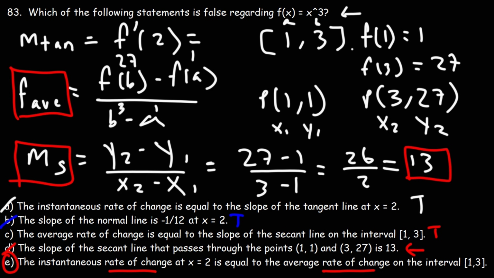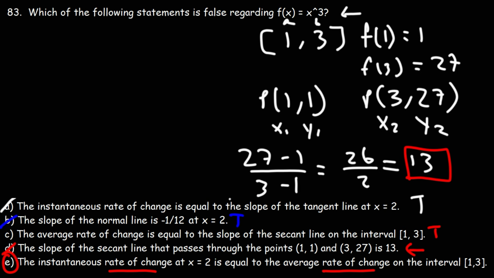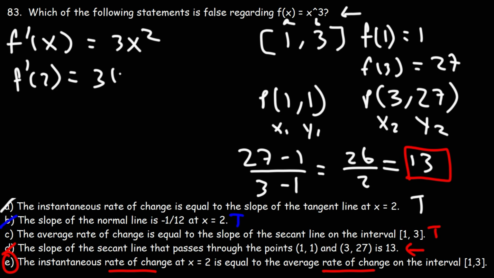F prime of 2. First, let's make some space. F prime of x is equal to 3x squared. And f prime of 2 is 3 times 2 squared, which is 12. So the instantaneous rate of change at x equals 2 is 12.